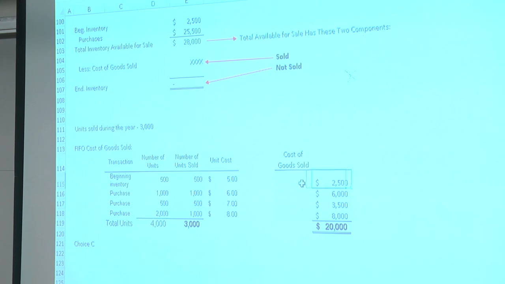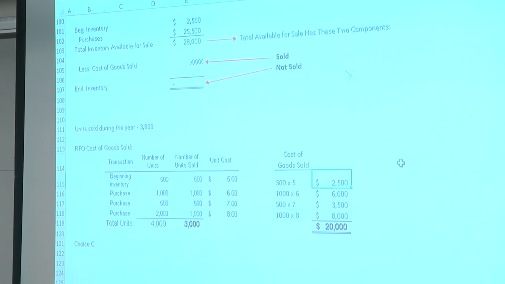So then cost of goods sold, really simply here, under the first in, first out method is going to be the number of units sold in this column, and we're going to multiply by the unit cost for each one of those.